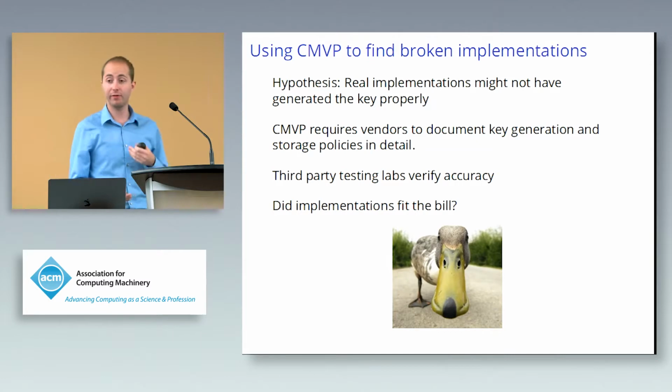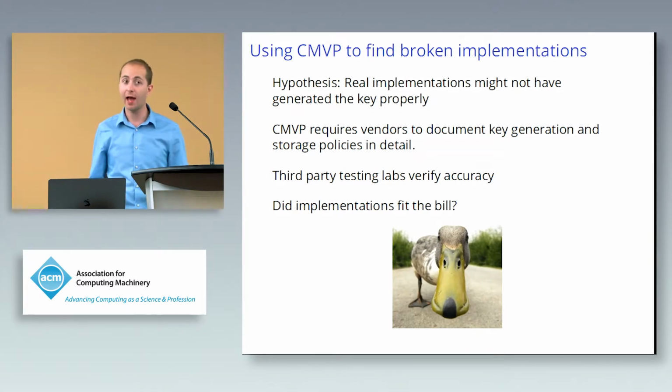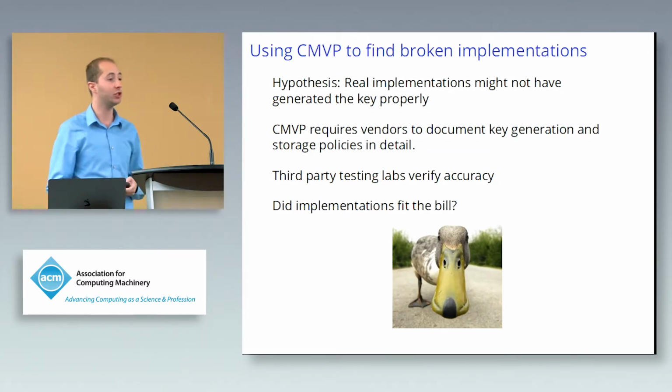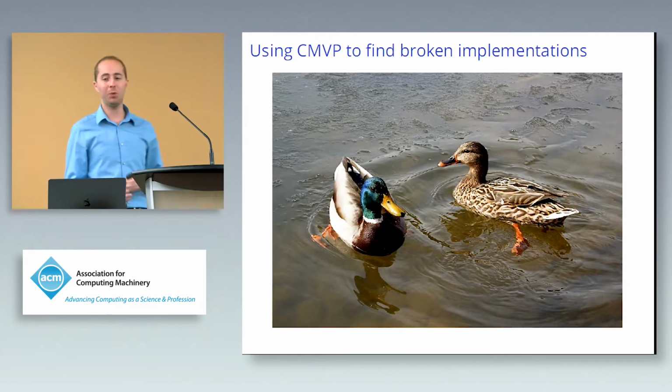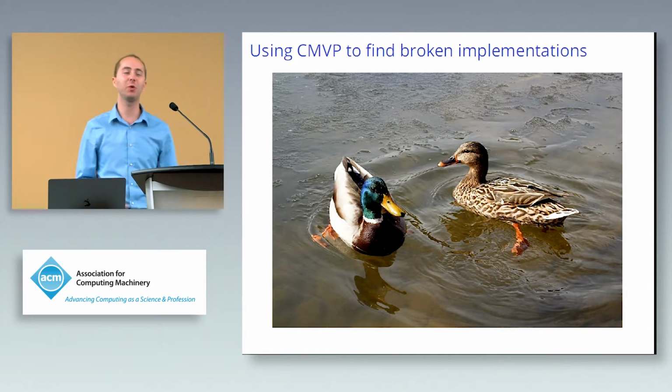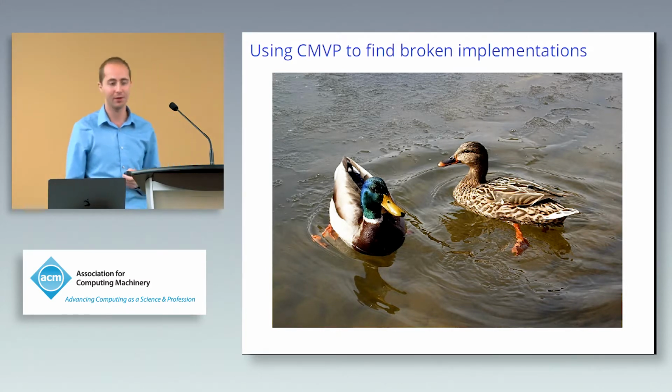Third-party testing labs then verify the accuracy of these claims, and so we set out to check if implementations really fit the bill. So, in order to determine this, we waded through hundreds and hundreds of pages of CMVP documentation.